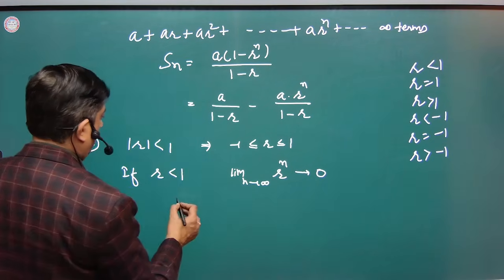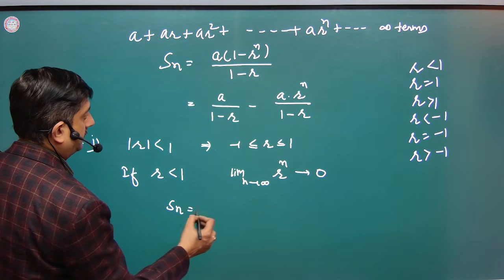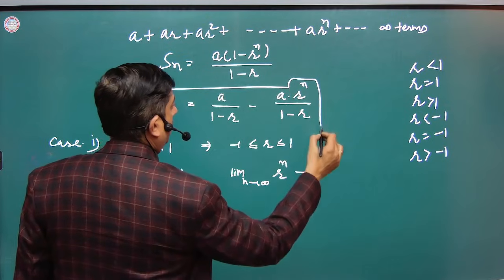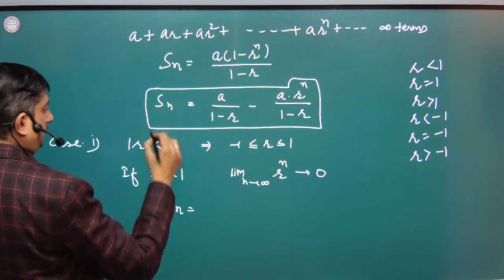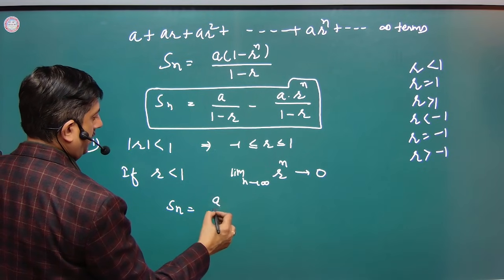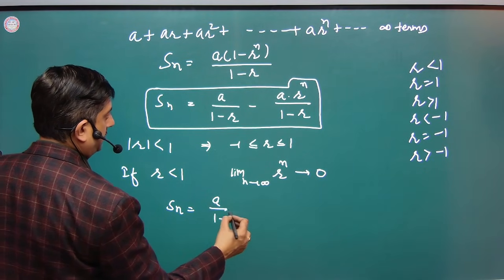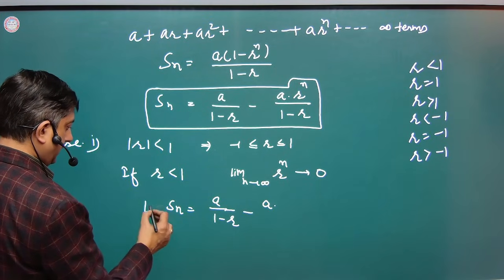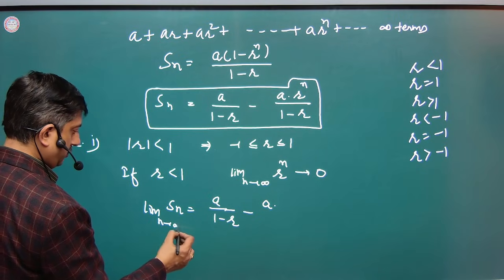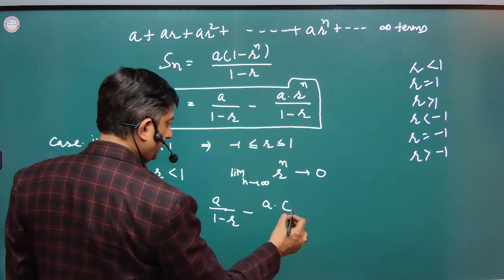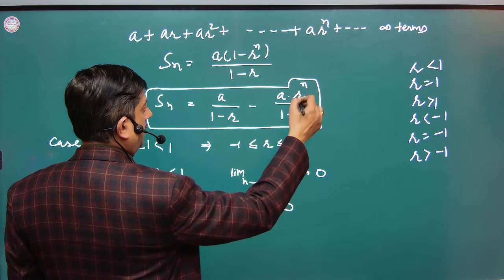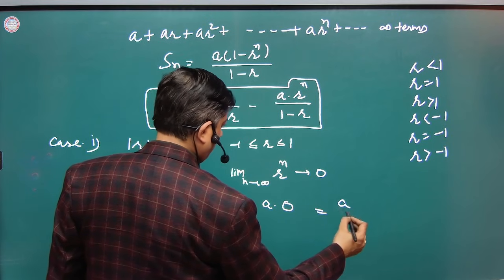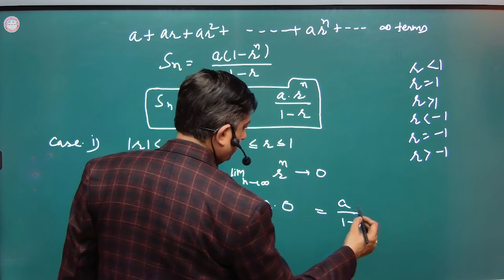That's why, what is Sn? This is the formula of Sn, and I am going to use this formula. So Sn is a upon 1 minus r minus a into r to the power n upon 1 minus r, but as I take limit n tends to infinity, this term becomes 0 because r to the power n is present here. That's why the value goes to a upon 1 minus r.